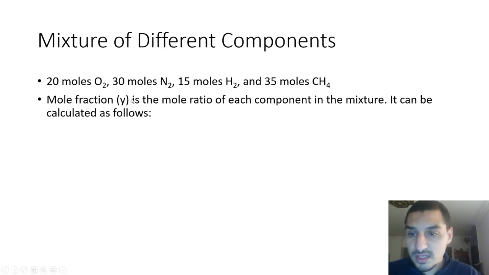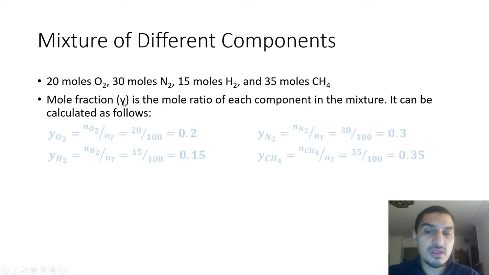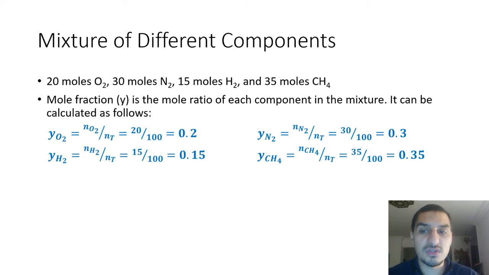And we can calculate what we call the mole fraction. It's clear from the name that it is related to the moles. This is the ratio between the number of moles of the component and the number of moles of the mixture. If I add all of them, 20 plus 30 plus 15 plus 35 gives 100.